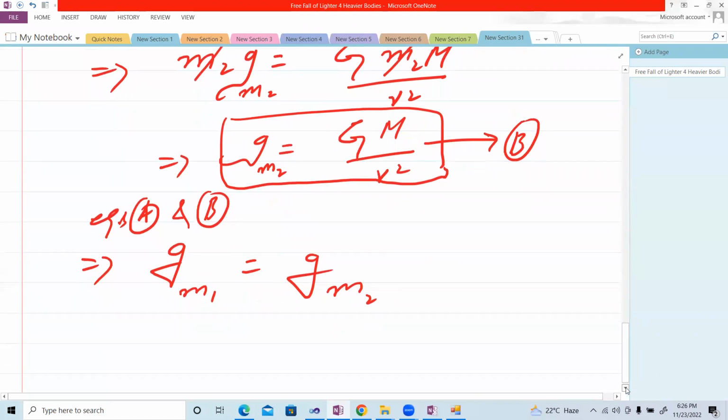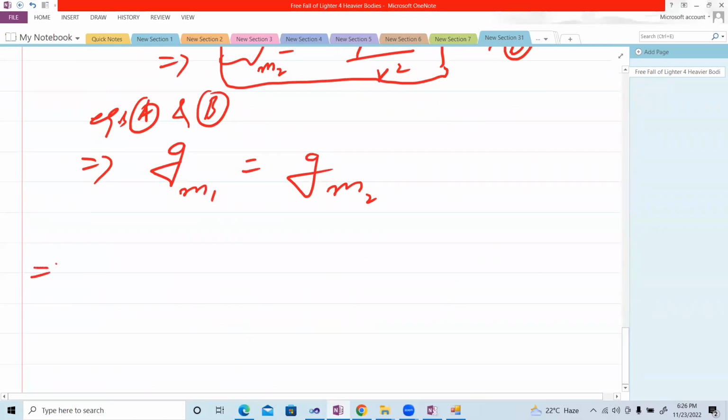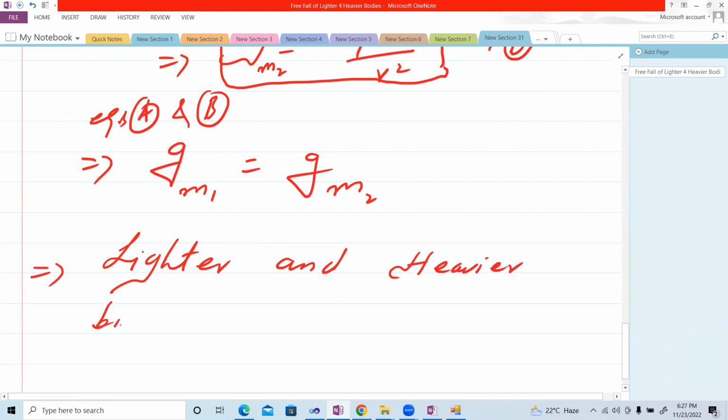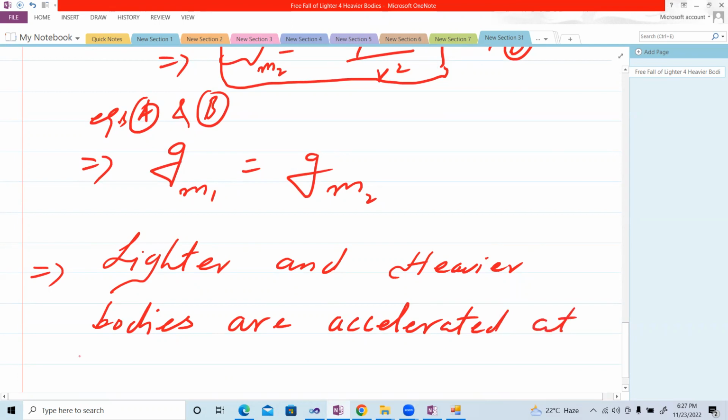This means that lighter and heavier bodies, or objects, are accelerated at the same rate in vacuum.